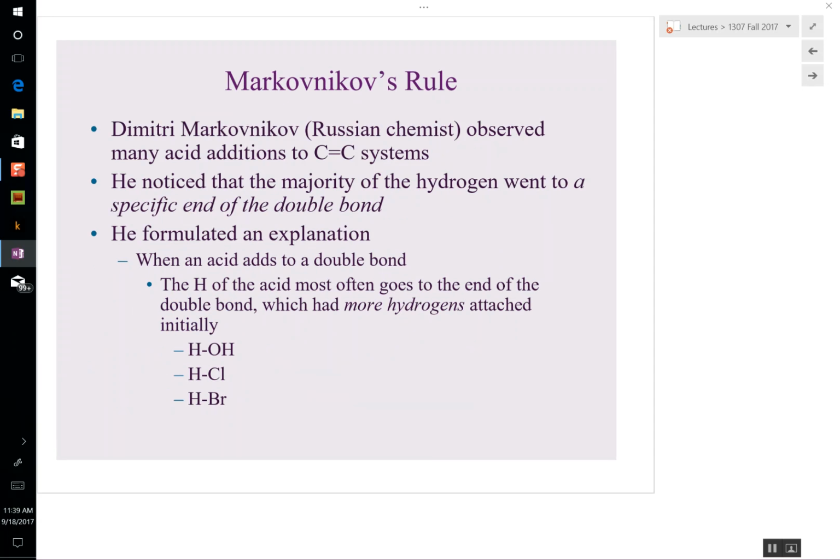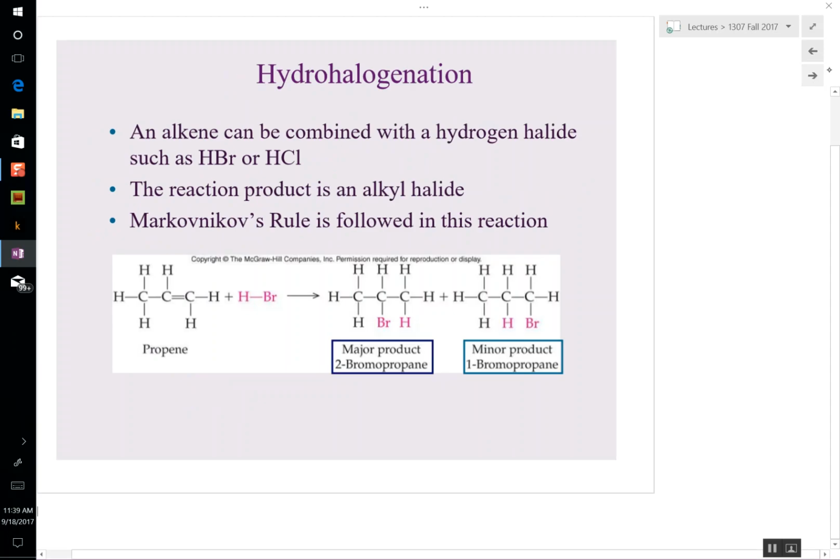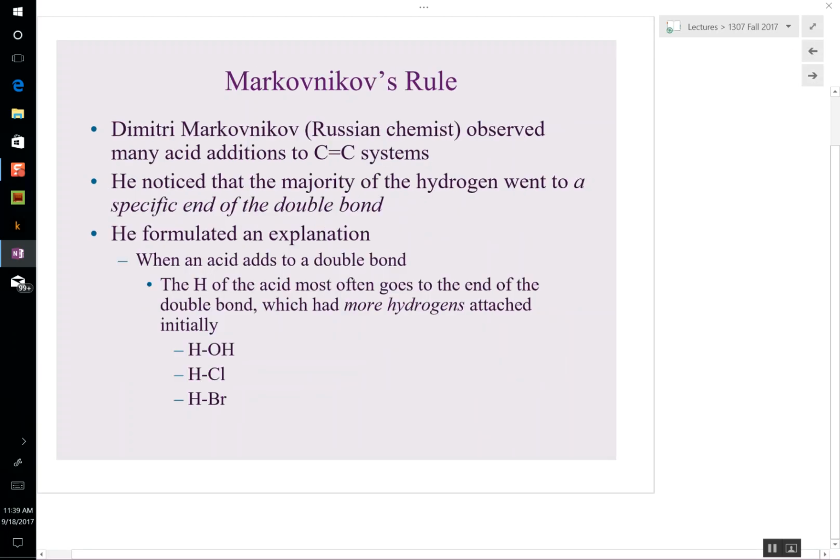He formulated an explanation. The hydrogen of the acid, so this is treating water as like a weak acid, most often goes to the end of the double bond which had more hydrogens attached initially. So look at your starting alkene. Draw it correctly with the right number of hydrogens on it, and then you can determine what the major product would be.